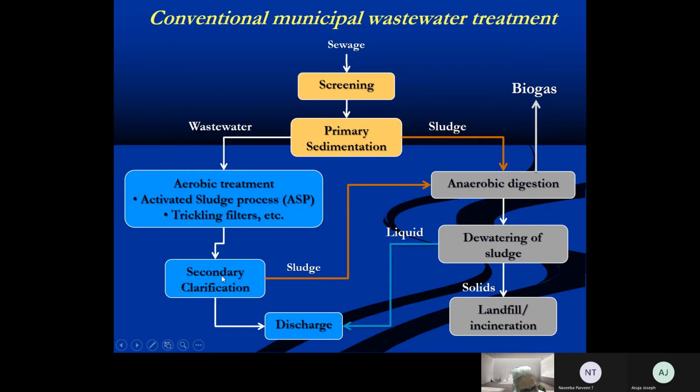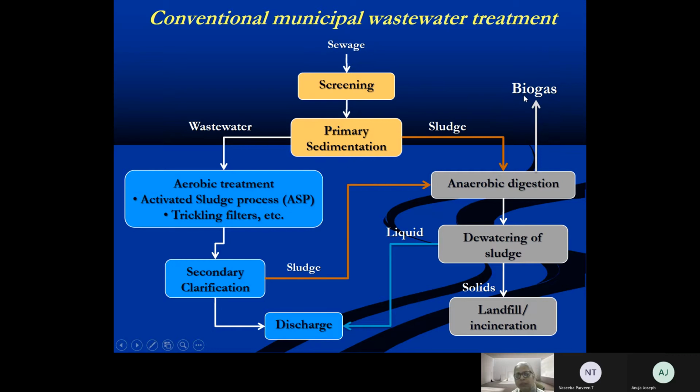Now what happens in the secondary clarifier is that the biomass that is generated is going to settle. And that settled biomass is called sludge. And that sludge can be taken further for anaerobic digestion. Now, this anaerobic digestion is done in the absence of oxygen, and in that process, we also get generation of biogas.